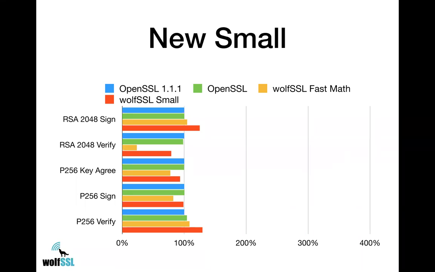And the small code size version is comparable in a lot of the operations with the OpenSSL C code version, which is quite chunky. I don't actually know the size because it's hard to judge. There's lots of different files in there that you get included. If I just did all the big number library maths stuff, then it was like 135K for Intel x64. I don't know if I included everything even in that. And we're faster.